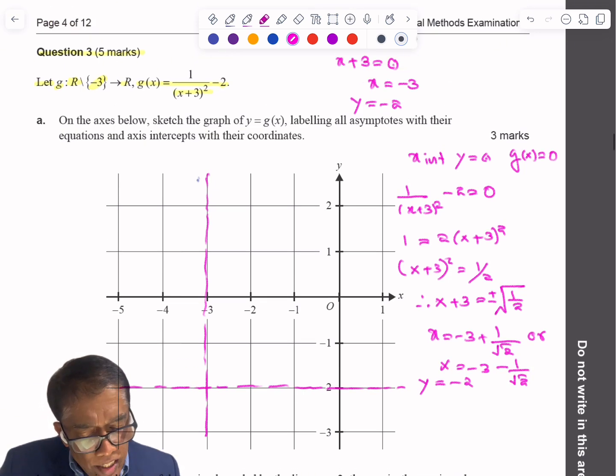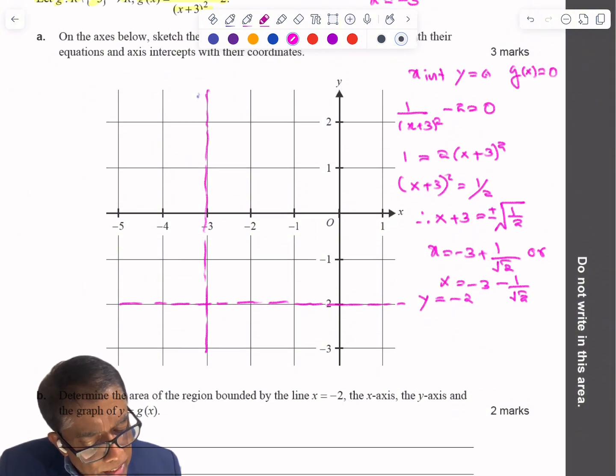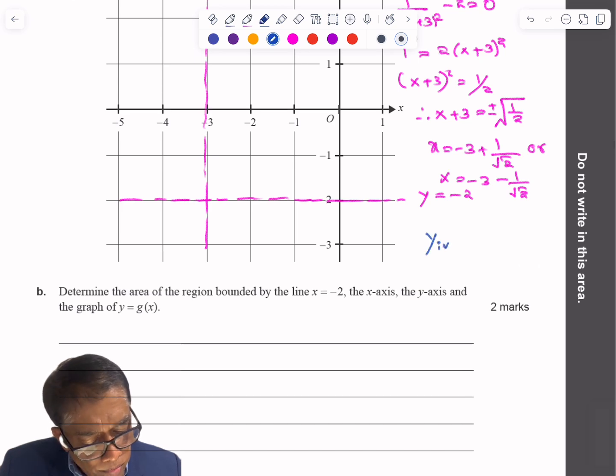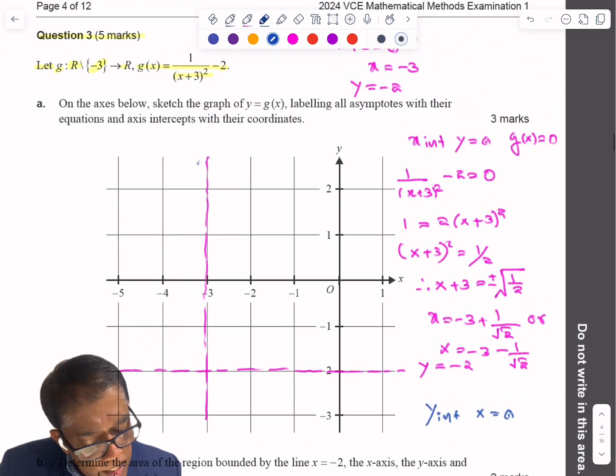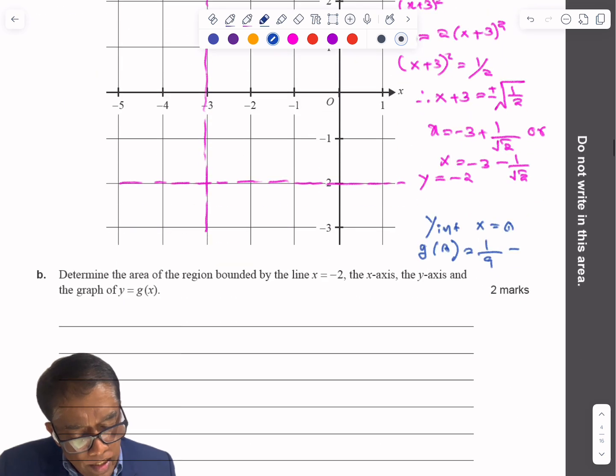Then how do we find the y-intercept? Y-intercept is when x is equal to 0, g of 0 is 1 over 9 minus 2, which is negative 17 on 9.